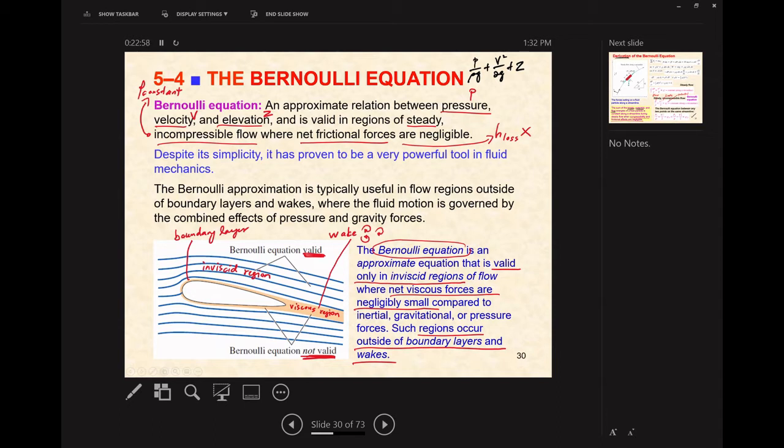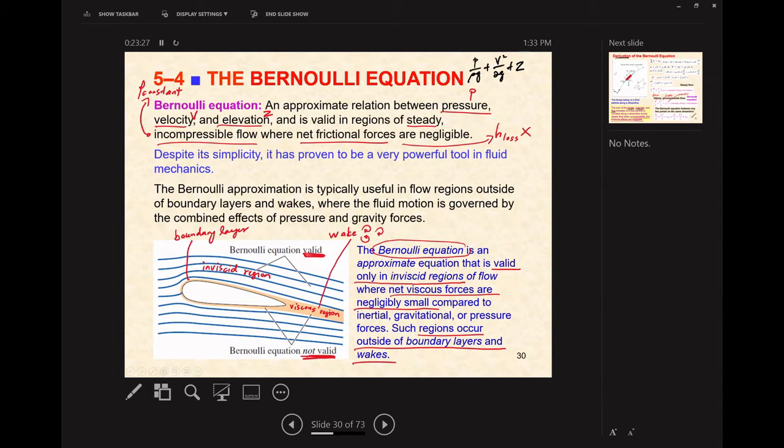This is the boundary layer, and the wake is behind it. This layer is the viscous region. Outside of this region, we have an inviscid region. I forgot to mention, this is an object placed in the fluid. You have a fluid coming over and flowing against this object.